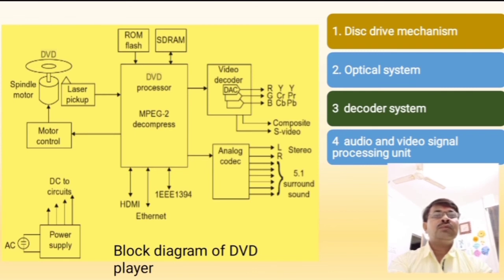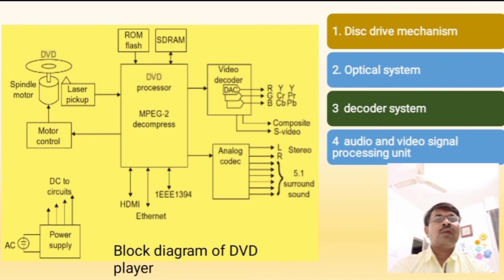You can also connect the stereophonic sound system, left for left speaker, right for right speaker, and some surround sound systems like Dolby and DTS. So here we complete the block diagram of DVD player.